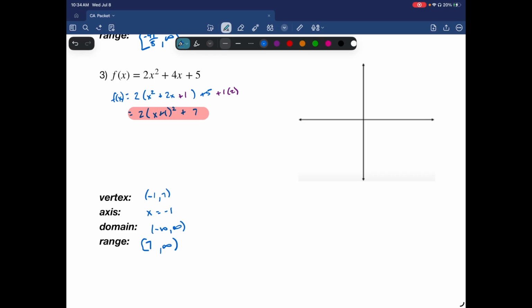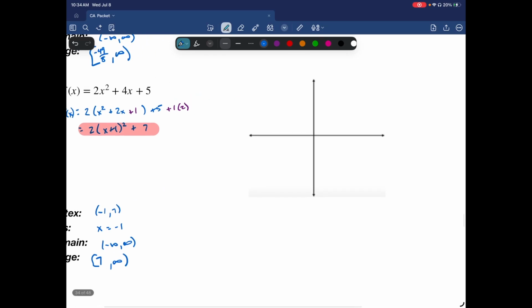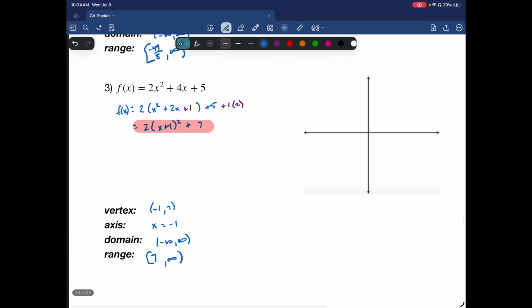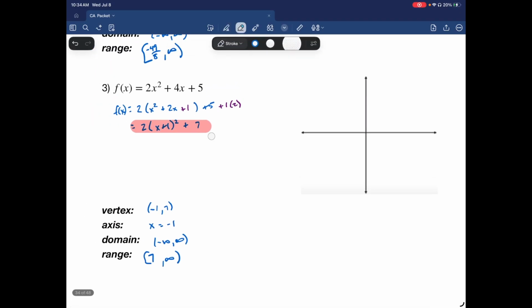Okay, so here, oops, that should be minus that. So 5 minus 2 is plus 3.